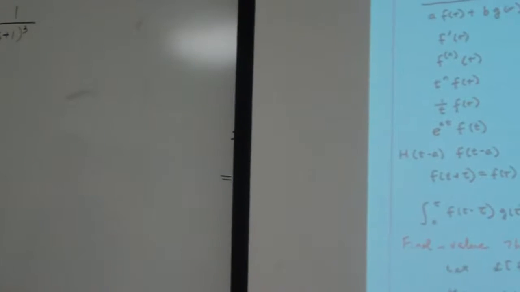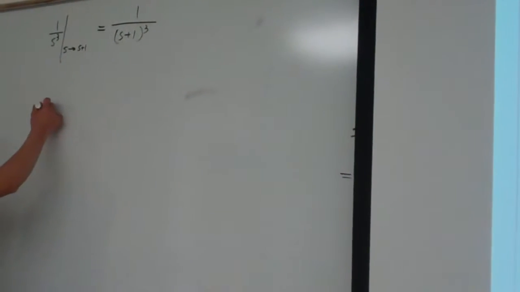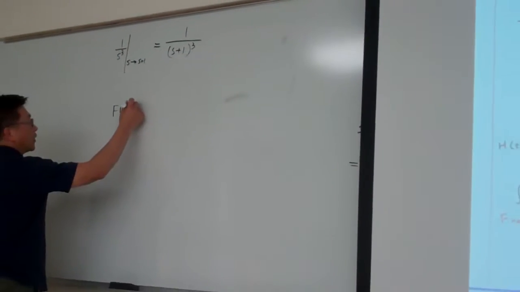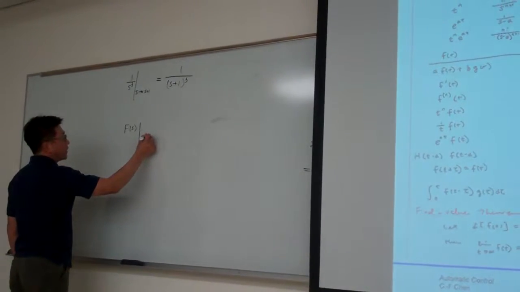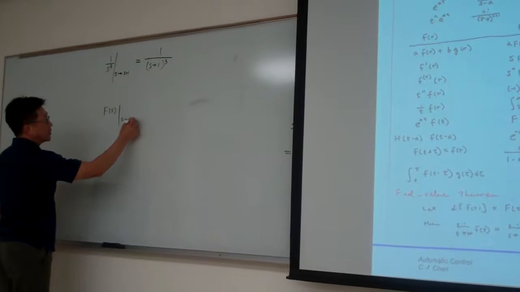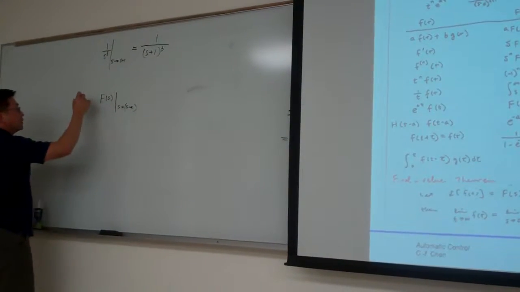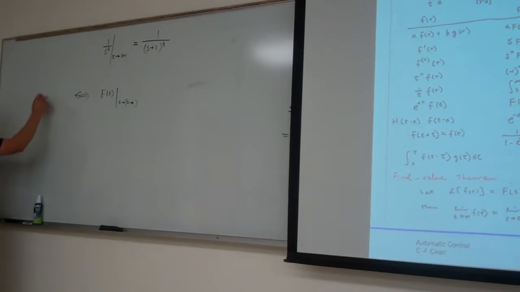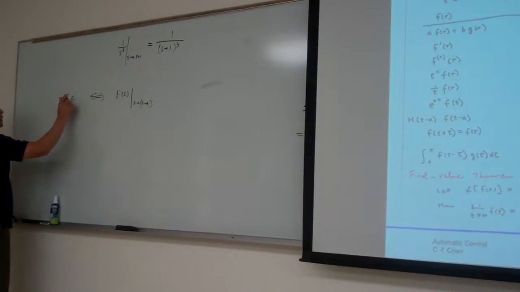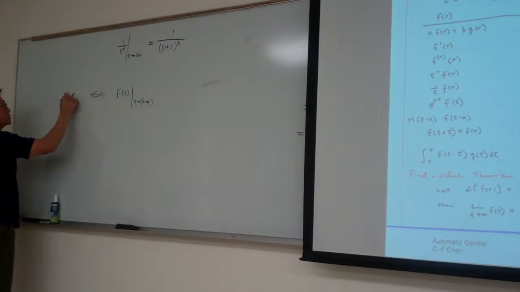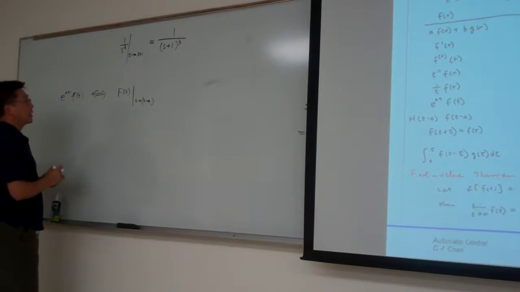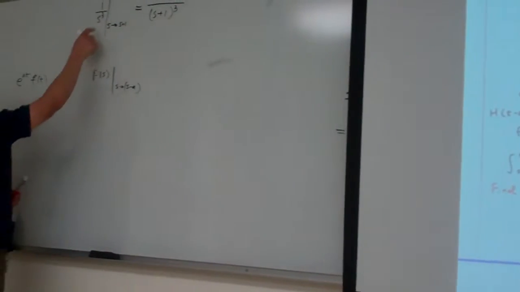So that means per our formulas here, F(s), and for example, when we replace s by using that formula here, then the inverse Laplace transform is e^(at) f(t), the lowercase f(t). So we do this one. So right now our F(s) is this one here.